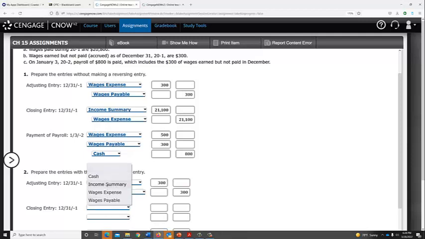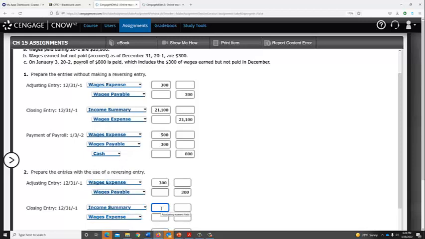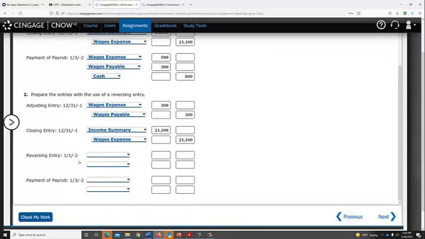We'll debit income summary and credit wages expense. And now we need to do a reversing entry after the beginning of the next fiscal year. So to reverse out our adjustment, we just turn it upside down. We debit wages payable and credit wages expense for the 300.